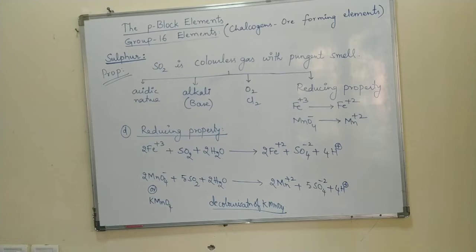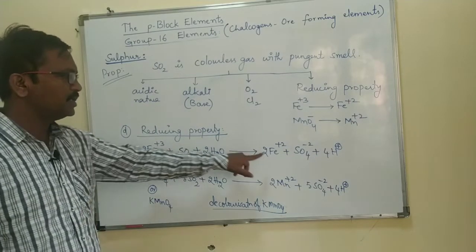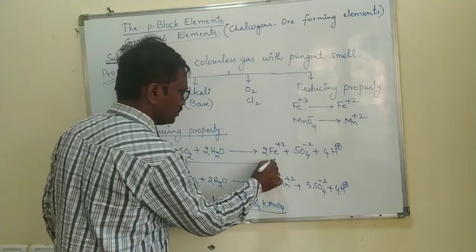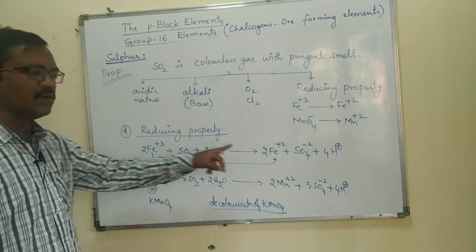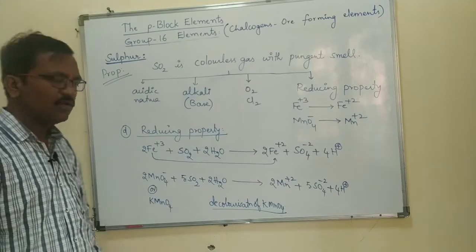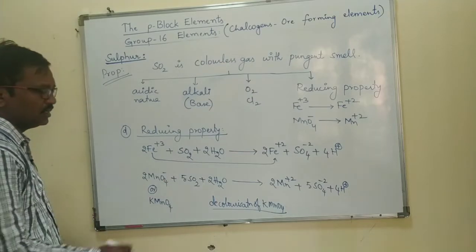Next one, reducing property. Fe plus 3 is converted into Fe plus 2. Is that increasing or decreasing the oxidation state? Decreasing the oxidation state, and decreasing the oxidation state is always reduction.